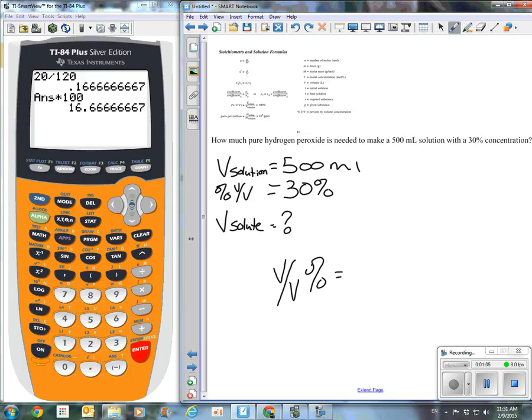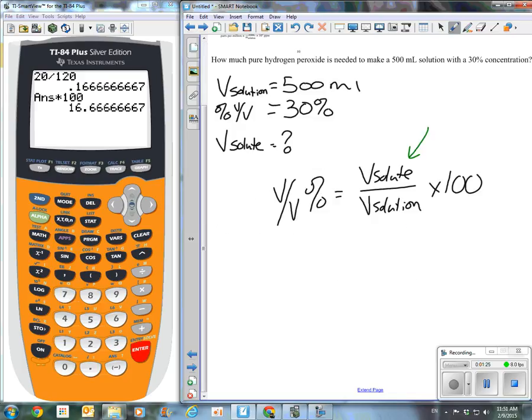Percent by volume is equal to volume of solute over the volume of solution times 100. Now I'm trying to find this particular variable here. So I'm going to first rearrange the equation, making it into a ratio. I'm going to divide both sides by this 100%.